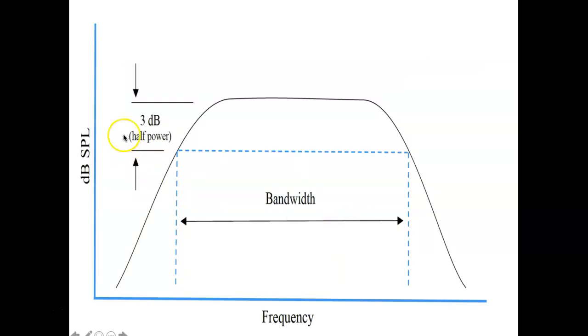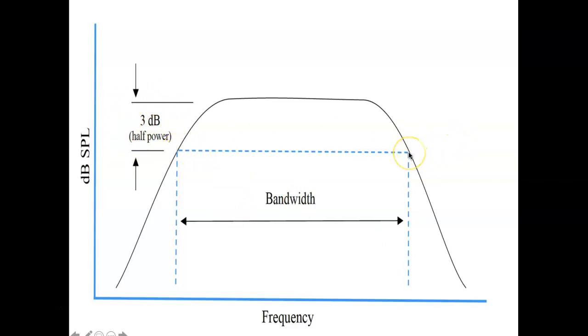So when we look at this visual, you have frequency on the X, and then you have dB sound pressure level on the Y. This is called a frequency response curve, meaning that this is how much energy there is by frequency. So at this frequency right here, there's not as much energy, but you go over here, there's more energy. At this frequency, there's more energy, but less over here. And we determine what we call the bandwidth of the signal based on the 3 dB or half power point.